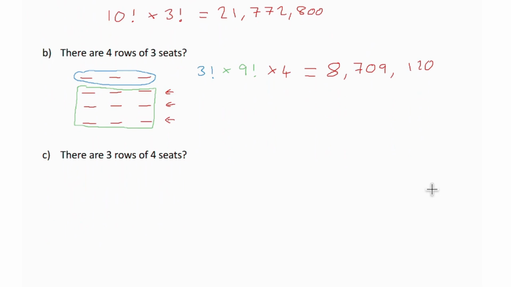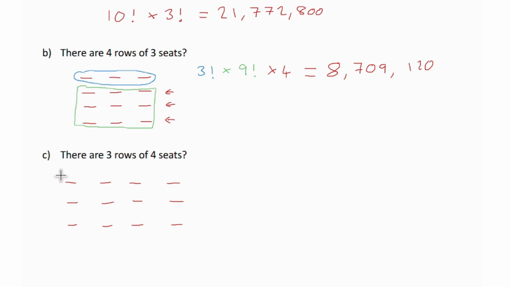Now let's consider what happens if there are 3 rows of 4 seats. So now we've got 1, 2, 3, 4, and there are going to be 3 rows of those. Now, in a similar way, we've got 3 possible rows they could be sat in, but let's just assume to start with that they're sat in row 1.